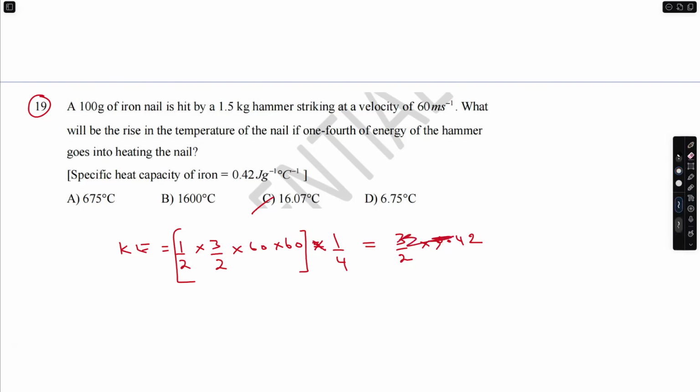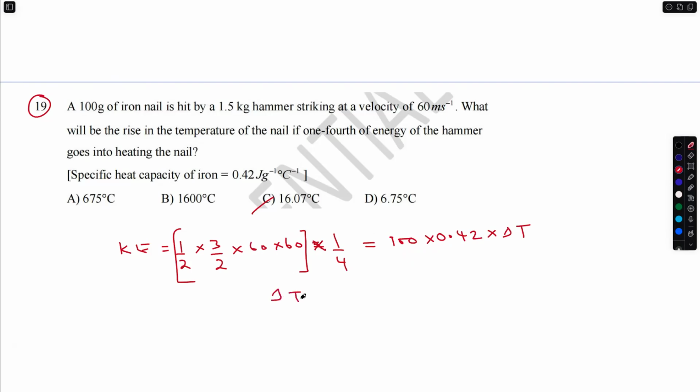Sir, you should not put 3 by 2. Your left side part is the hammer, right? There is no mistake in this. 100 grams means you keep it in 100 grams only. 0.42 delta T. Done. So now you need to solve this part.